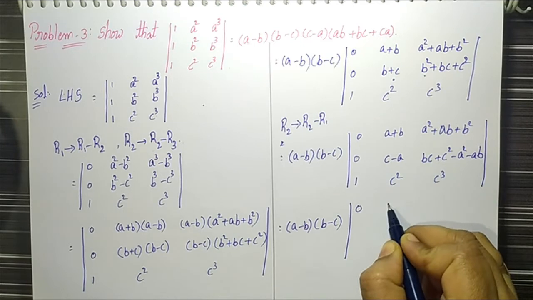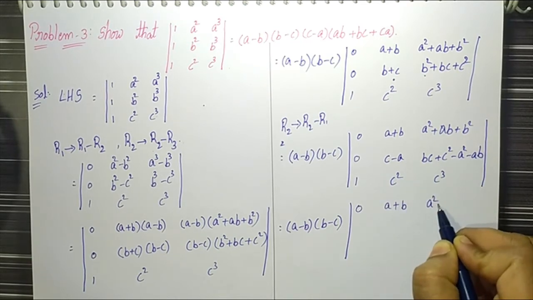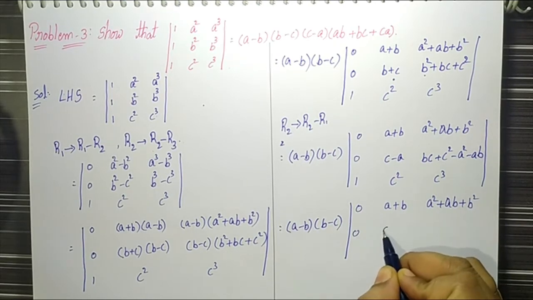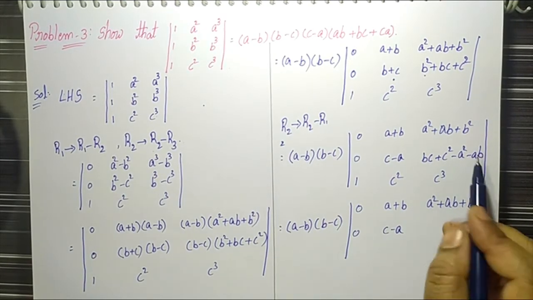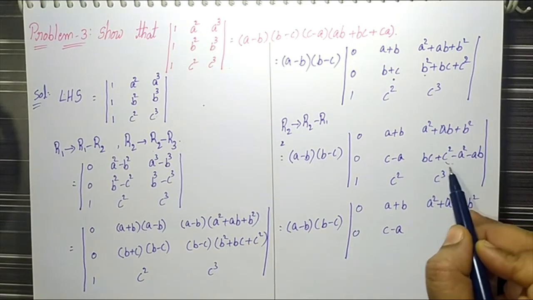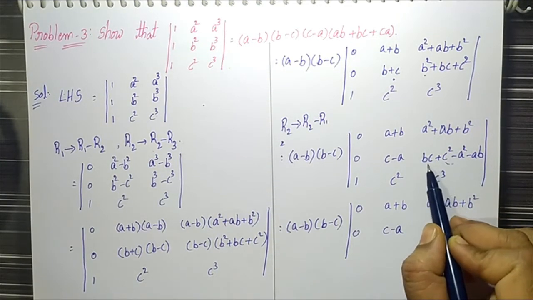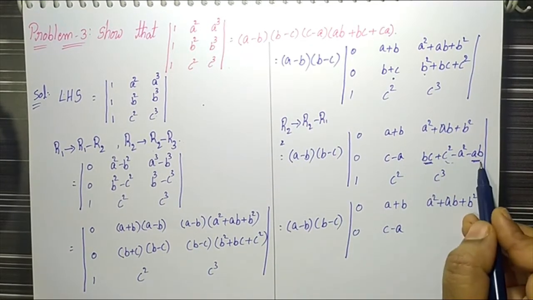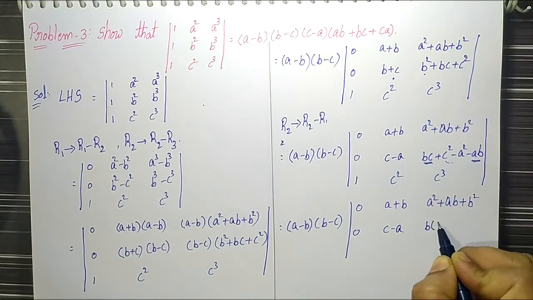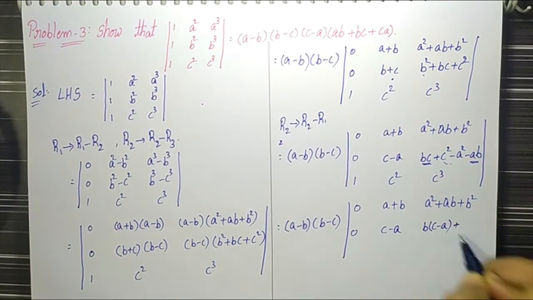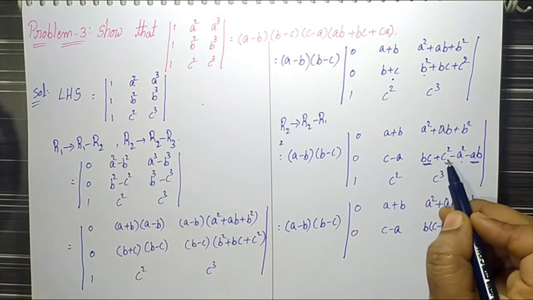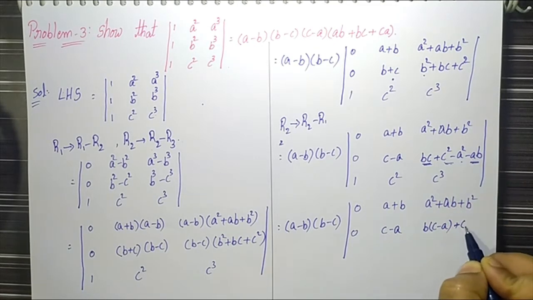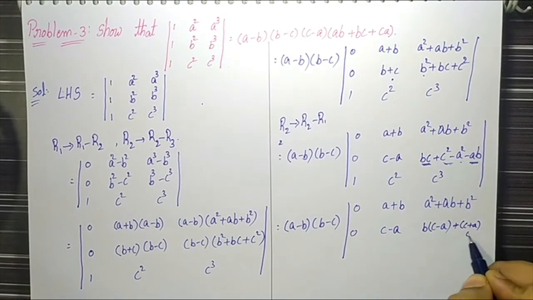That is equal to (a minus b)(b minus c) times the determinant |0, a plus b, a² plus ab plus b²; 0, c minus a, ...|. Here, from these two terms we take b as common, b(c minus a), and from the terms c² minus a², using the a² minus b² formula, we get (c plus a)(c minus a).